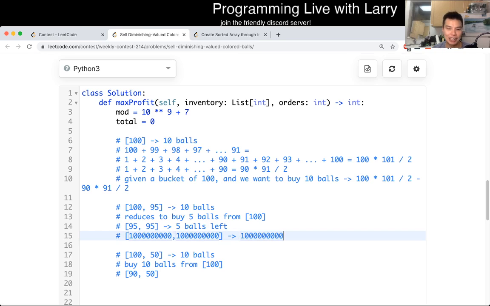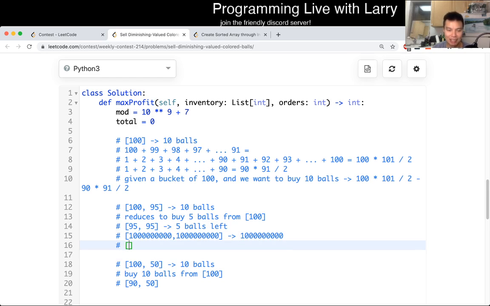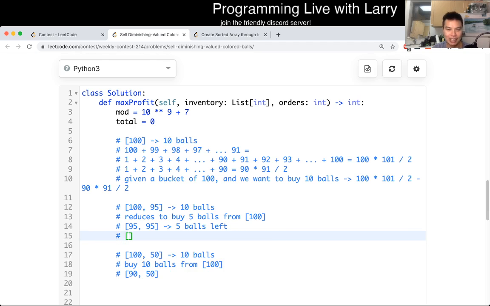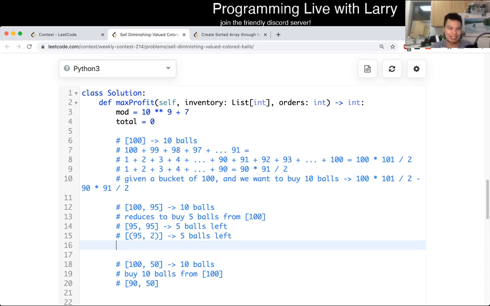So what I do is that I compress this to a 95 to 2 tuple with 5 boards left so that we can do it together. And then the math is similar to this thing, and you have to do a lot of case by case analysis, but it's just simple math. Now, 5 boards left means that there are 2 buckets to buy from.